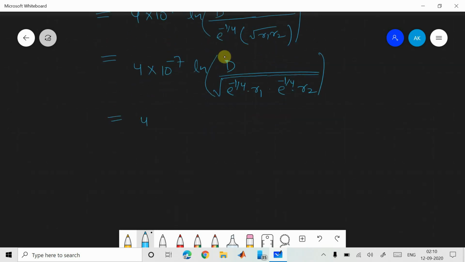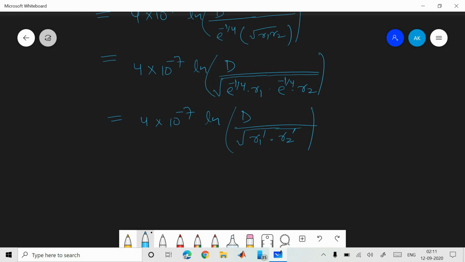So 4 into 10 raised to power minus 7 ln d over, this e raised to power minus 1 by 4 into r1 is your r1 dash, and e raised to power minus 1 by 4 into r2 is your r2 dash, all under root.